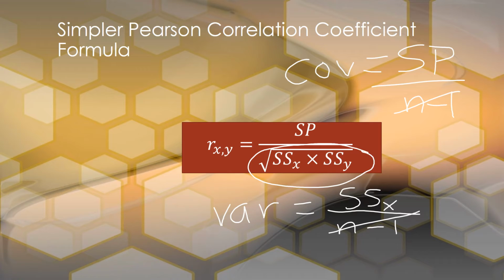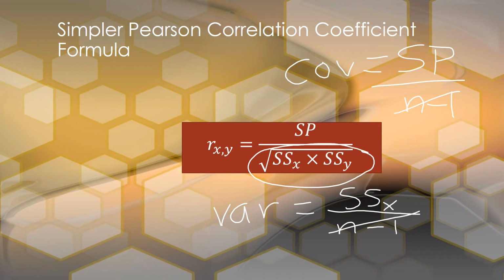Okay? And you do it for x and y and multiply them together. So this is the formula we're using, but it's the same as the other formula. So the top is how much they're moving together, and the bottom is how much they move separately, and that standardizes the number.